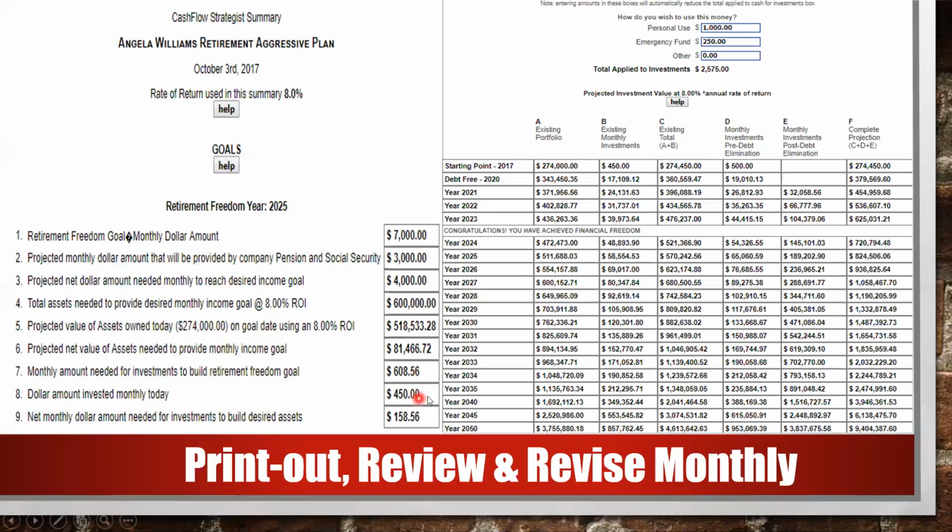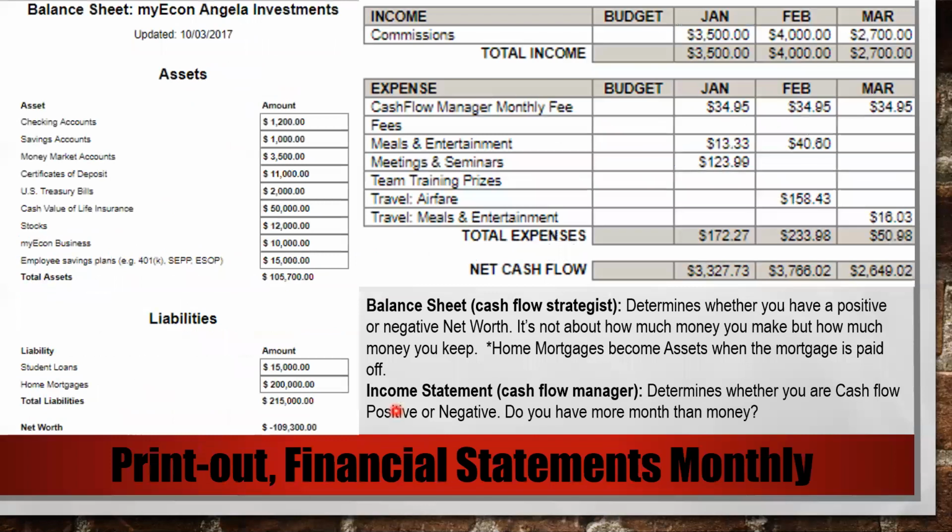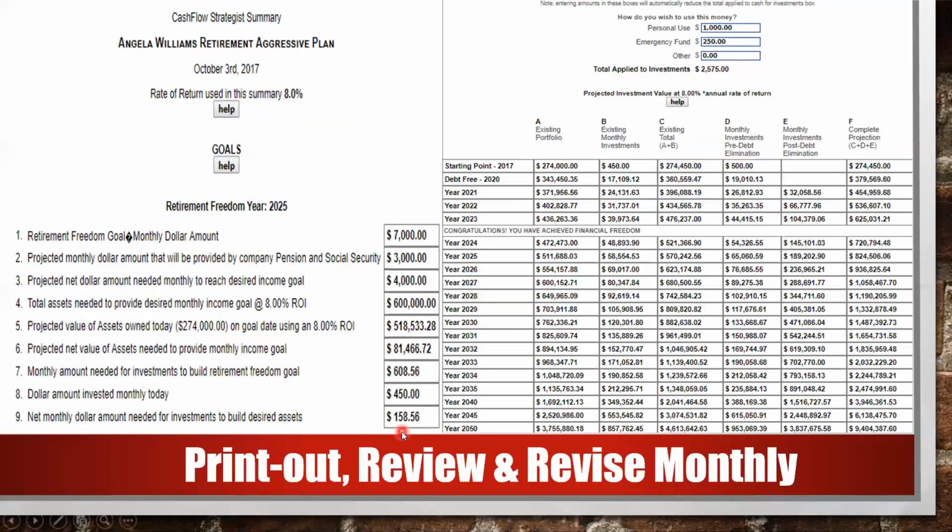So if I'm already investing $450 a month, because let's say you're taking money out of your MyEcon commission check, I still need another $158 coming from somewhere in order for me to get to my point. But let's say you ain't investing nothing at all, you need $608. Well, where is $608 coming from?